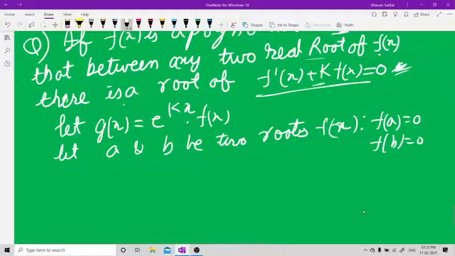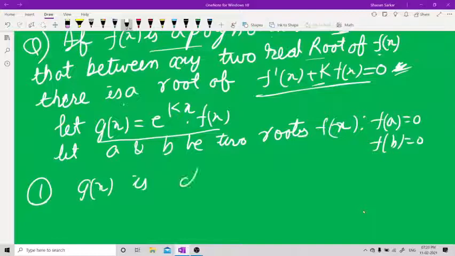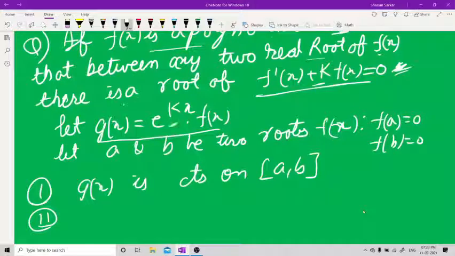Now g(x) is this type of a function and f(x) is a polynomial. In the question it is given f(x) is a polynomial. So point 1: g(x) is continuous on closed interval [a, b]. Second, this is an exponential function, this is a polynomial function, so they are differentiable.